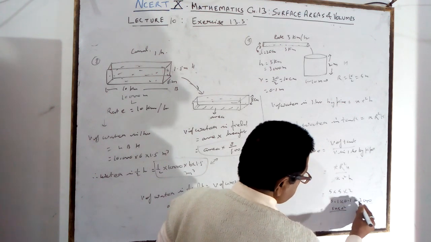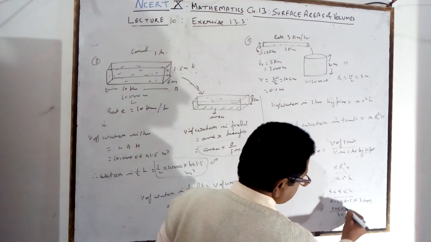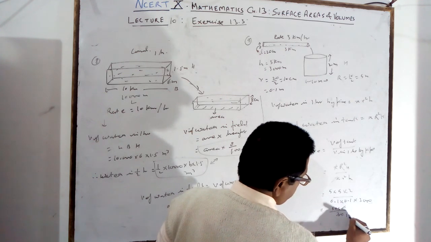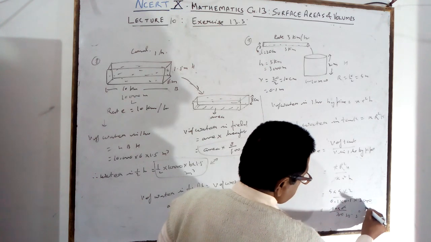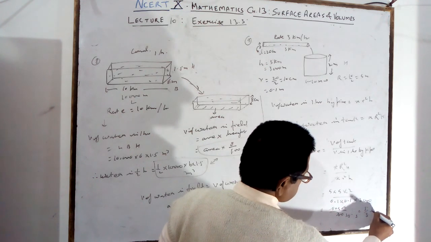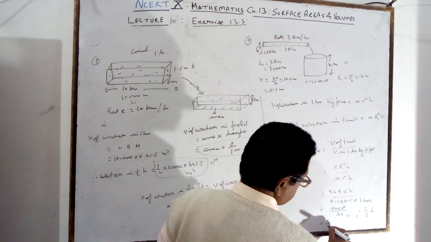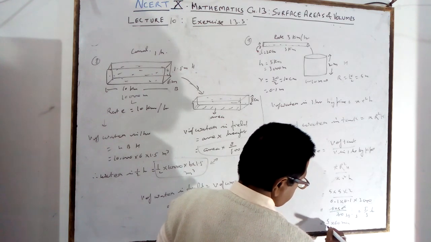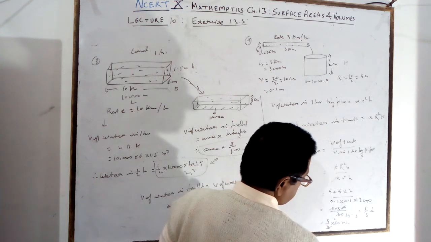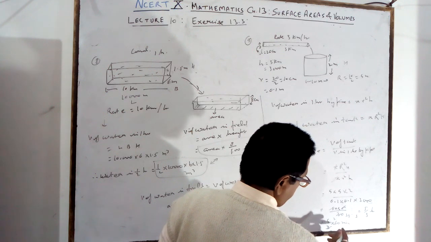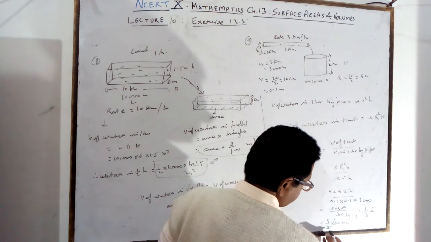Remove the 2 decimals, you will get 30. Cancelling, 5 by 3 hours. You can change it into minutes.